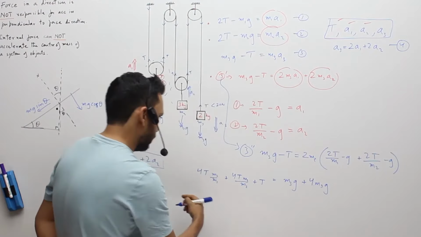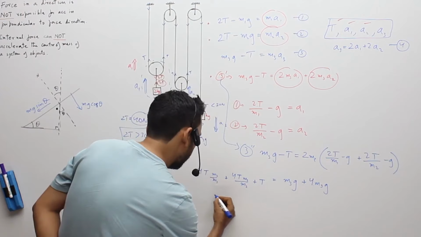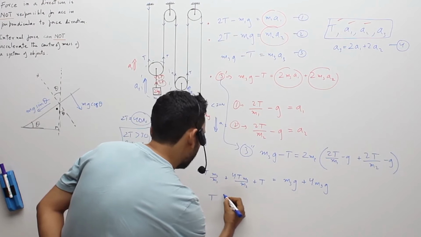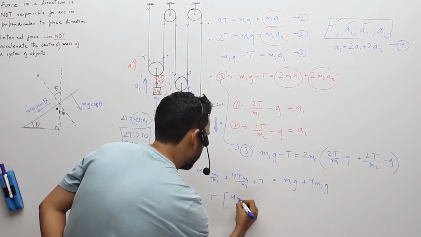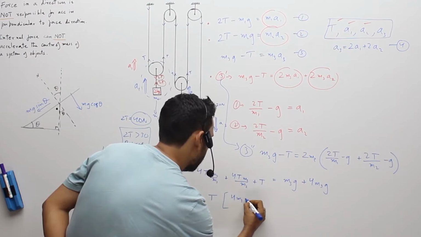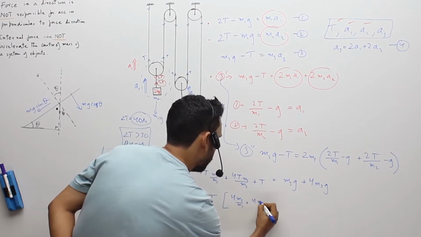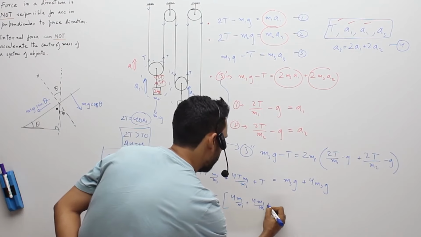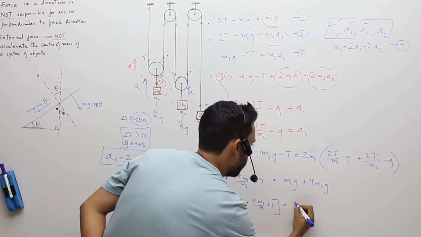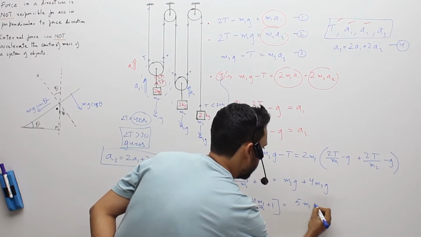So what we are getting over here is all t common. We have 4 m3 by m1 plus 4 m3 by m2 plus 1 is equal to 5 m3g.